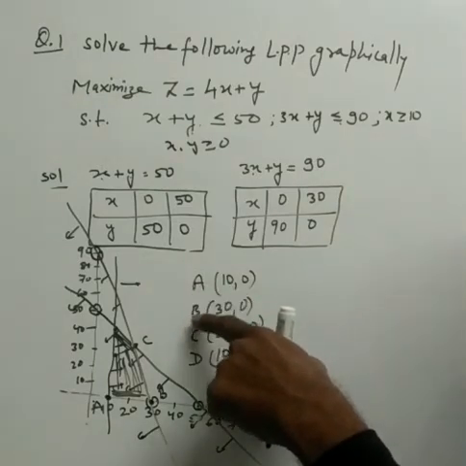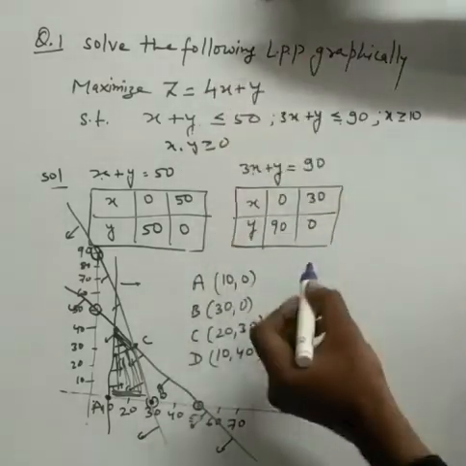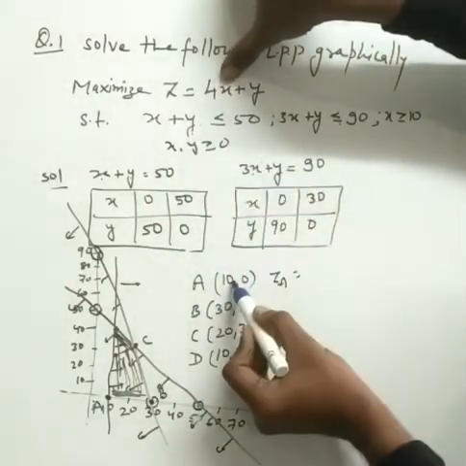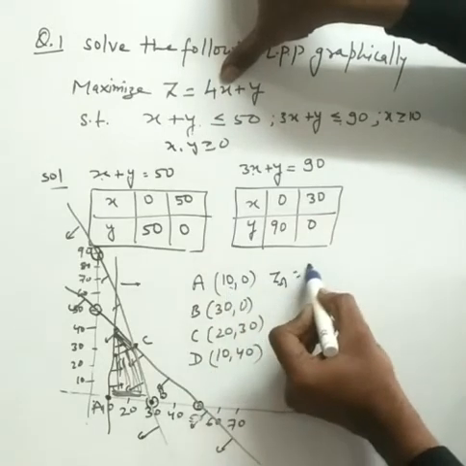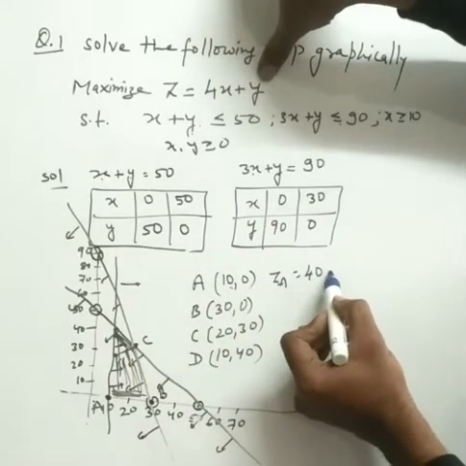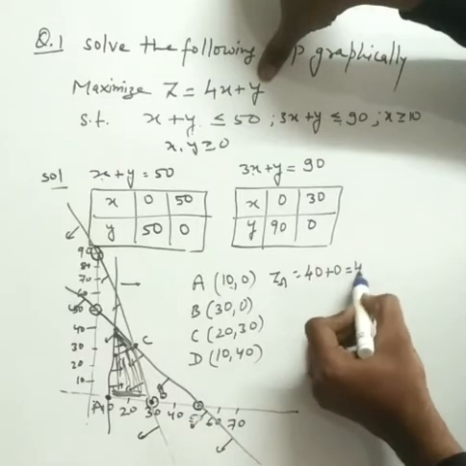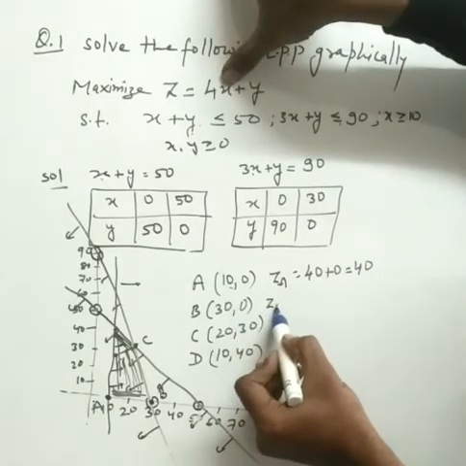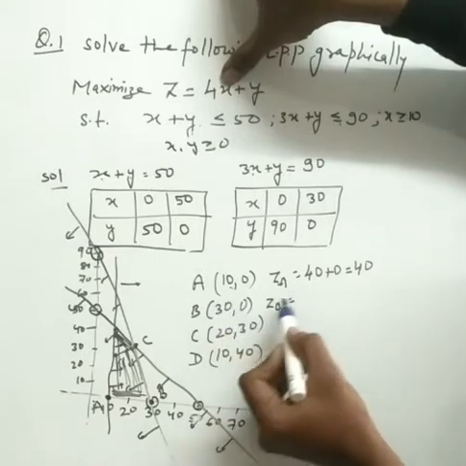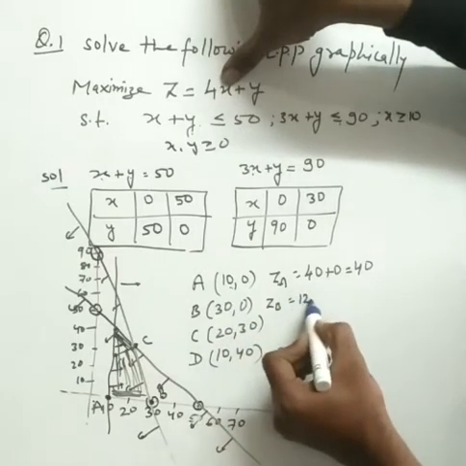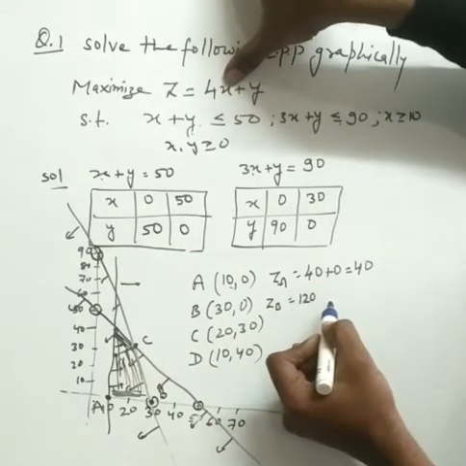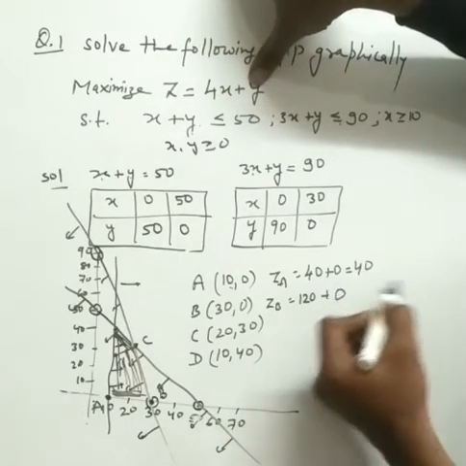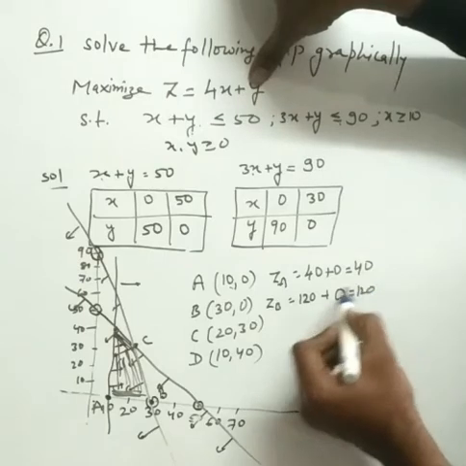Now put all these values in Z. Z at A: 4 into 10 is 40 plus 0, which is 40. Now put the value at B: 4 into 30 is 120 plus 0 equal to 120.